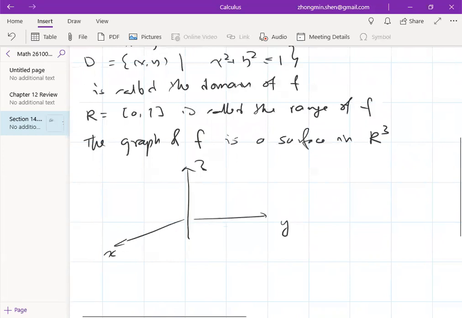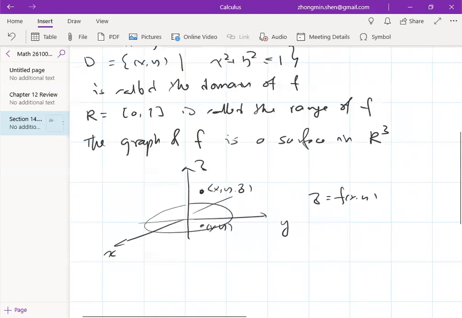So here is the disk. The disk looks like an ellipse right now. It's in the xy plane. So for an arbitrary point x and y, I can get the z value somewhere here. So these are three components, x, y, z, and z is given by this function.